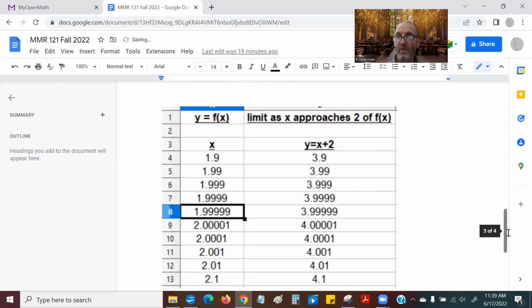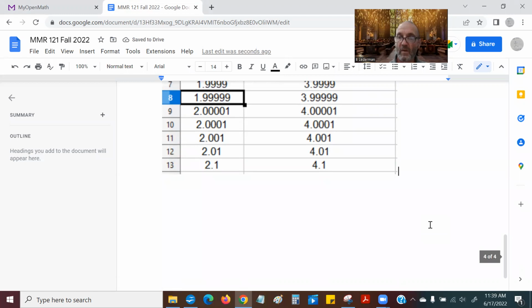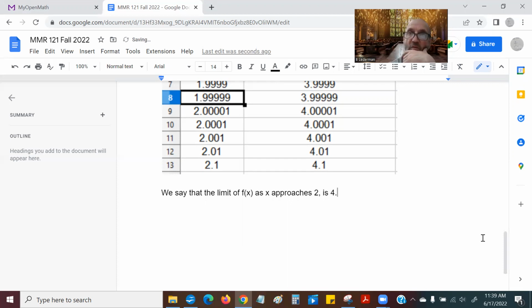So we say that the limit of f of x as x approaches 2 is 4. So the limit is 4.